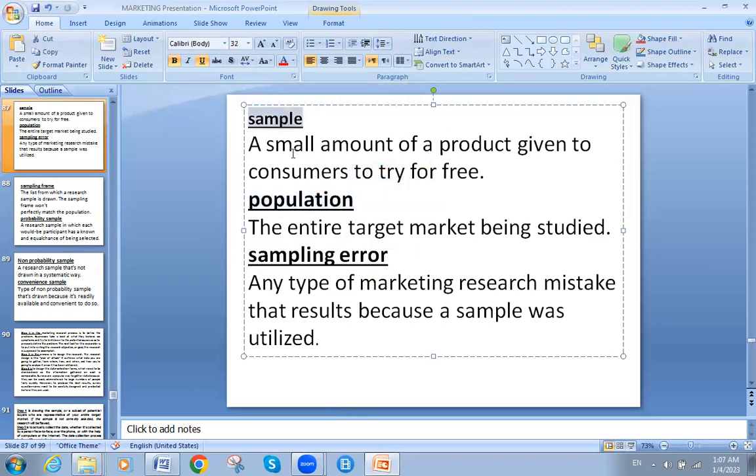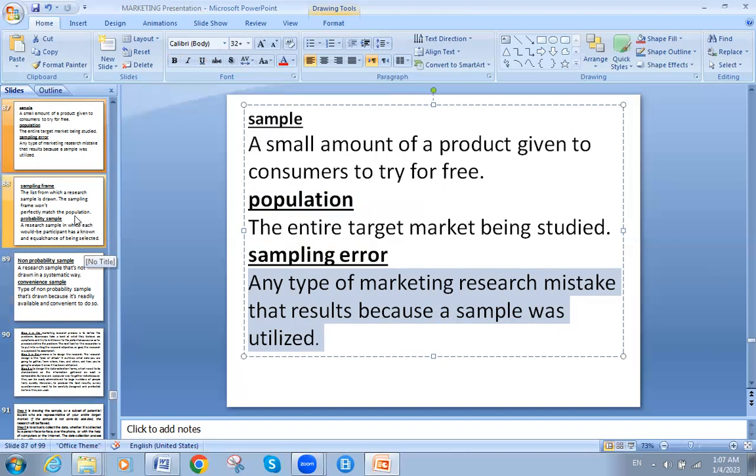In other words, the sample does not represent the population 100%. It is any type of marketing research mistake that results because a sample was utilized. This we call the sampling problem.